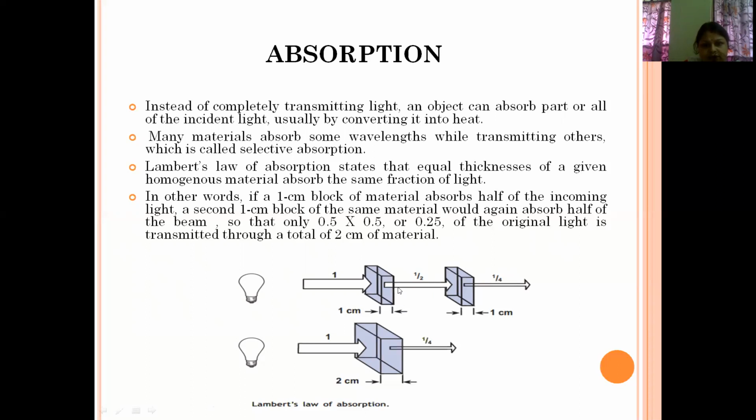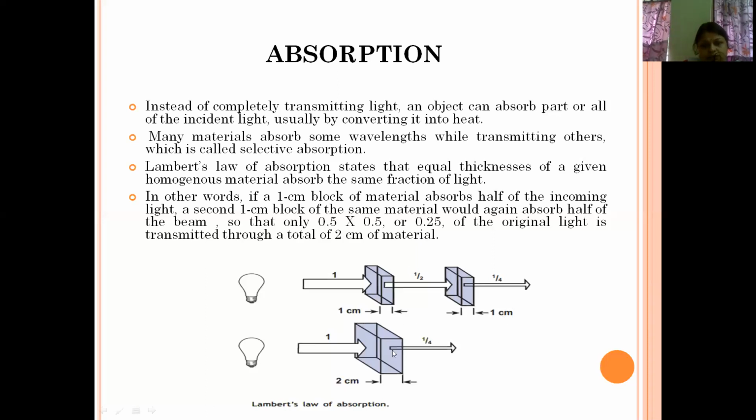If it absorbs half of the incoming light, a second 1 centimeter block of the same material would again absorb half of the beam, so that only 0.5 times 0.5, that means 1 by 2 times 1 by 2, that is equal to 1 by 4, or 0.25 of the original light is transmitted through a total of 2 centimeters of material, because this is 1 centimeter and here is 1 centimeter.